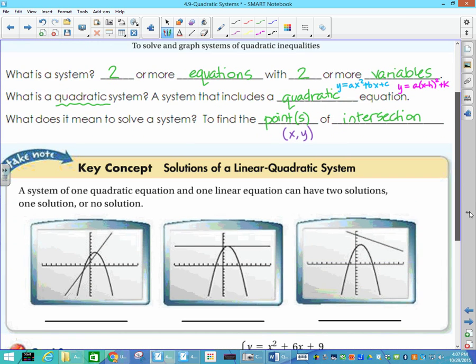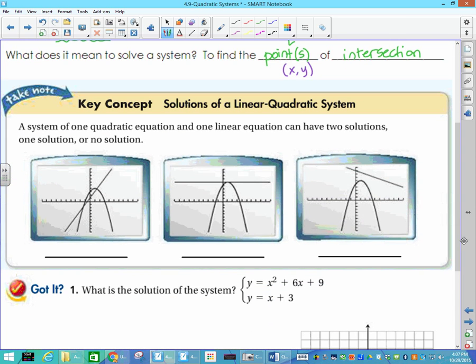All right, so to refresh your memory, as you can see from our pictures, a quadratic equation, the graph of it, looks like a parabola, and a linear equation is a line when we graph it. So when we graph both of them together, we can either have two solutions, one solution, or no solution.